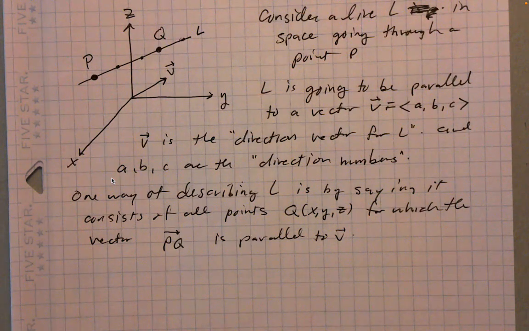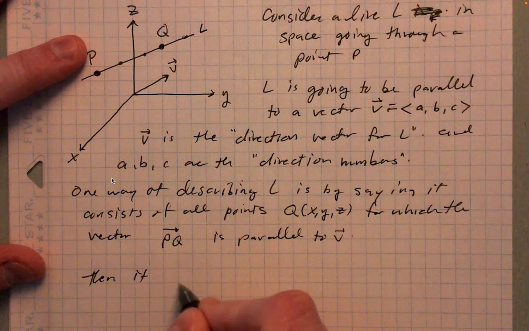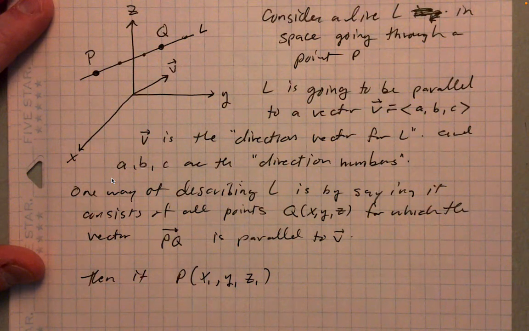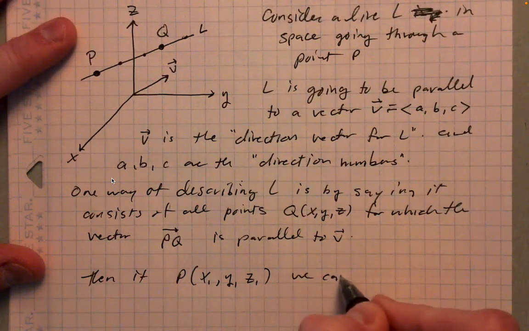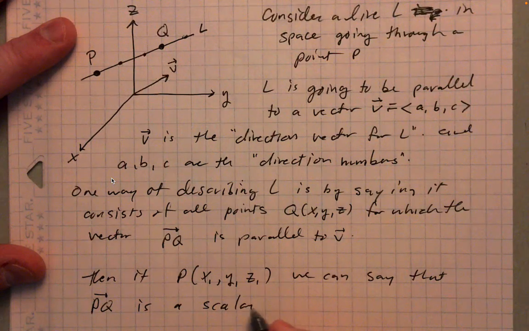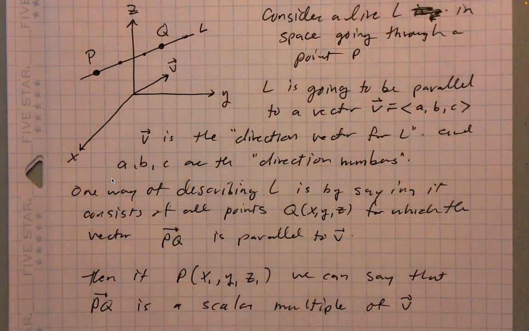That being the case, we can say the following. Let's label P here as (x1, y1, z1). If that's P, we can say that the vector PQ is a scalar multiple of v.